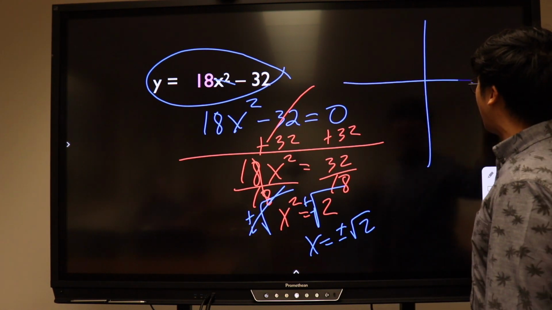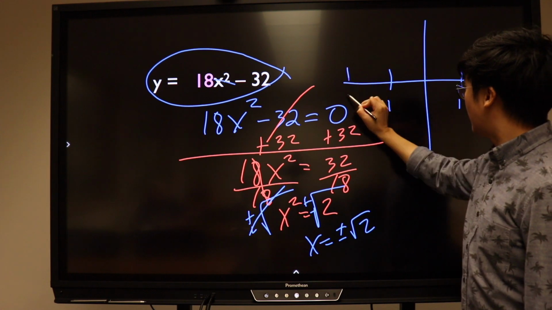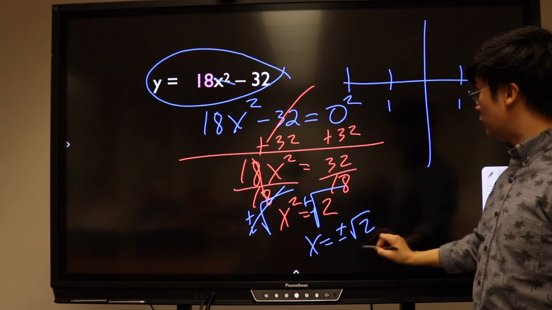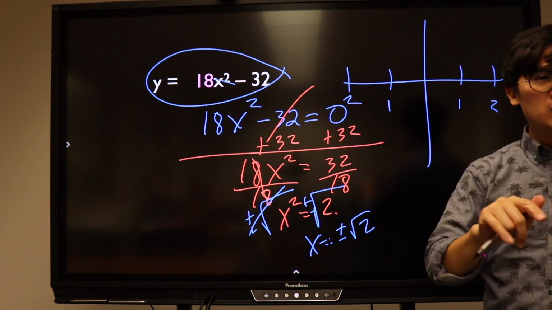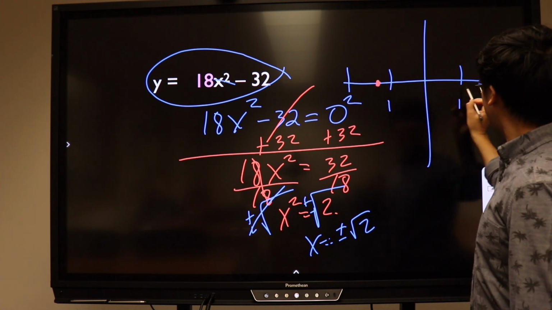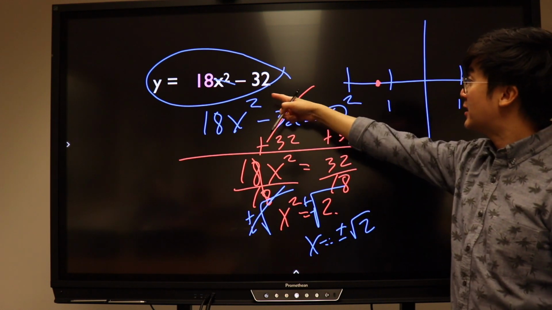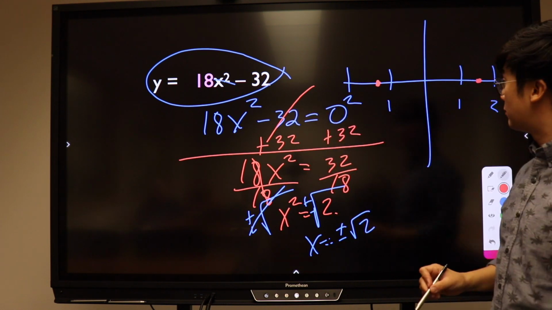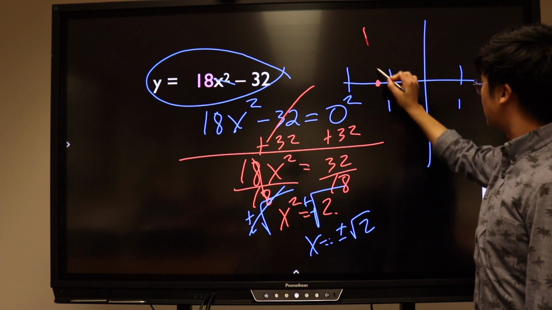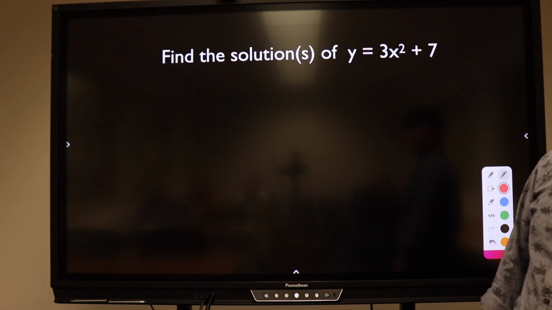If this is your xy plane, this is 1, this is 2. Square root of 2, approximately 1 point something, so somewhere here, somewhere here, the negative and the positive side. And is it opening upward or downward? Upward. So that is the graph of the parabola.